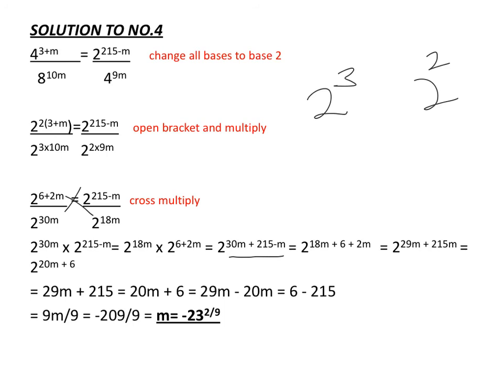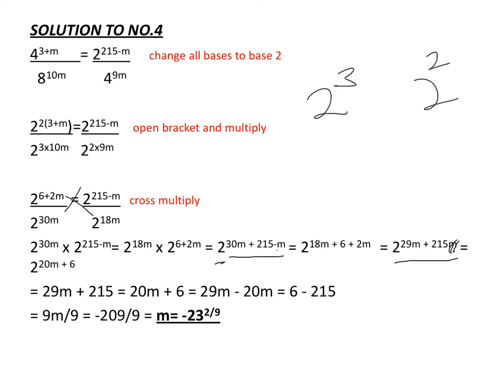Initially we had 2 raised to power 30m plus 2 raised to power 215m. But since they are in the same base, we just pick 2 and then add up the powers. And we have 2 raised to power 30m plus 215 minus m. So when you collect like terms, 30m minus m is 29m. So you have 2 raised to power 29m plus 215.